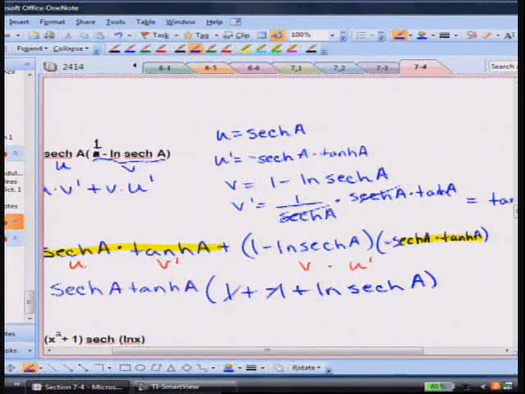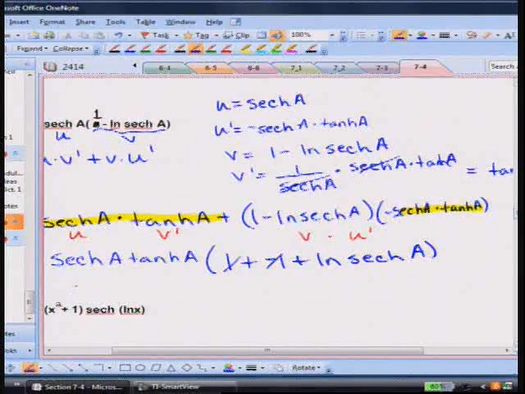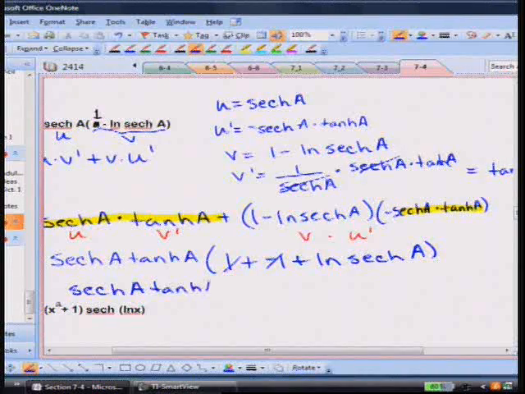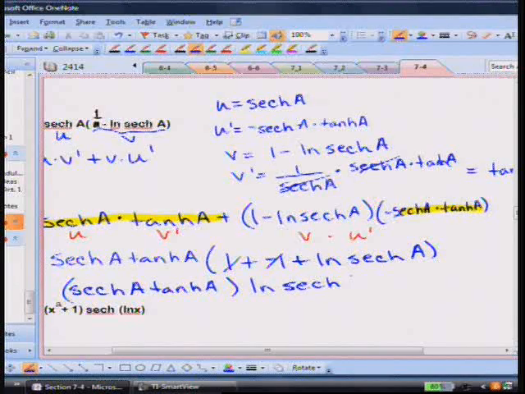And so I just get the hyperbolic secant of A times the hyperbolic tangent of A times ln hyperbolic secant of A.